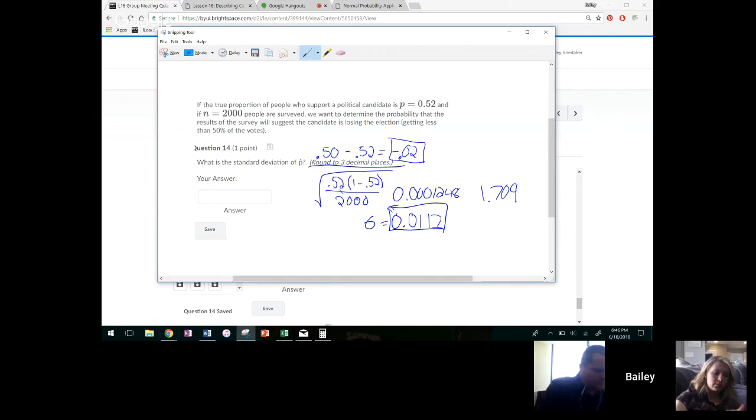Mm-hmm. That might be why we got different numbers. I got 1.818. Okay, so if you use all the decimals on that one, because the decimals are actually 0.01111713, the answer we'll get is negative 1.79028.